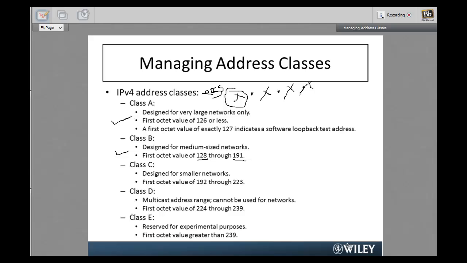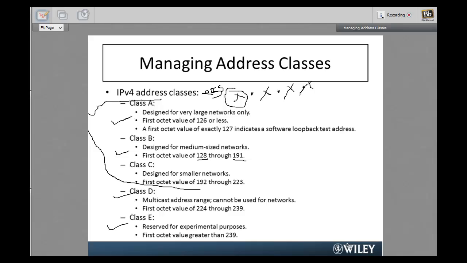Class C is designed for smaller networks, and the first octet value is 192 through 223. These are the functional classes, and these classes are widely used. These are used only, but the D and E are different.